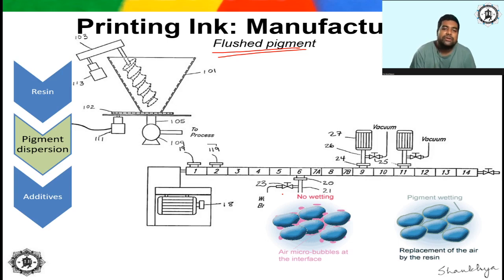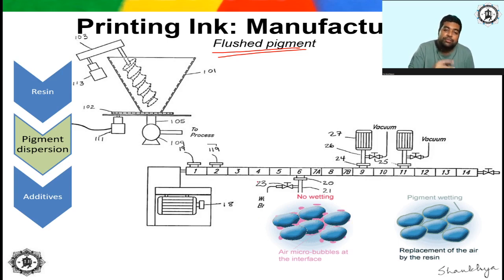In flushing, what we do is we first wet the pigment with the help of some water. When we charge water forcefully inside this pigment, the air around the pigment will get sucked away or removed, and its place will be taken by water, so the pigment will become wet by water on all sides.